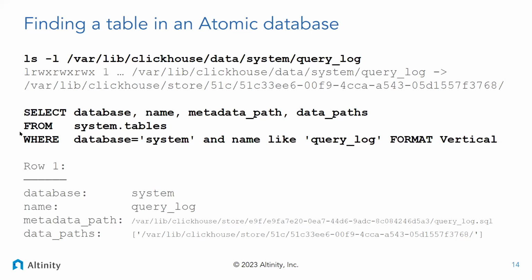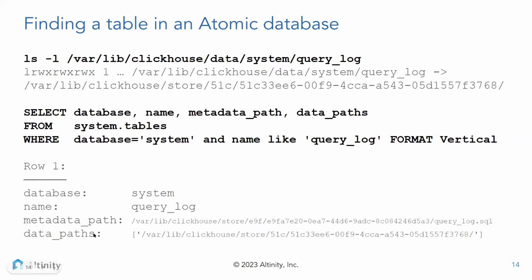If we now go to system.tables and ask the same question, where is this thing located? We will see a very similar bit of information to what we saw in databases. We'll see that it's a database system, table name query log, and here's the metadata path. You'll see that's our query log table definition. It's also out there in store. And here's the data path.